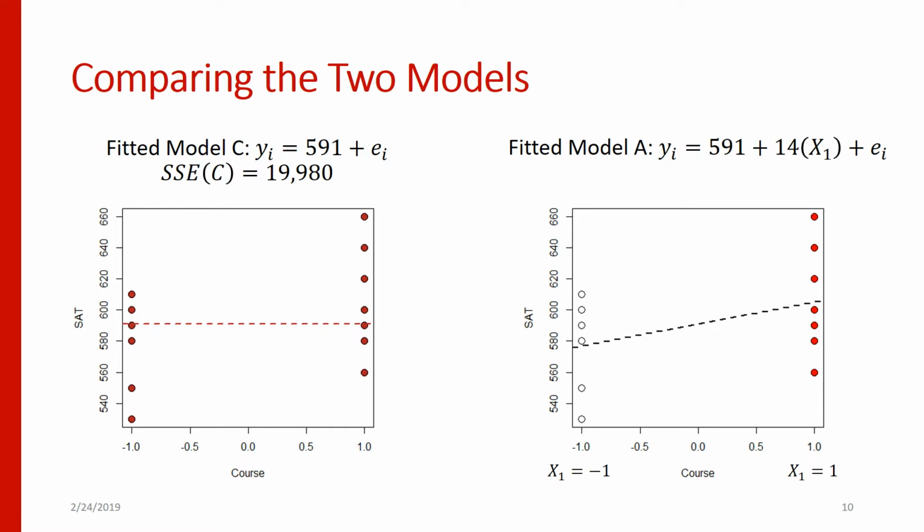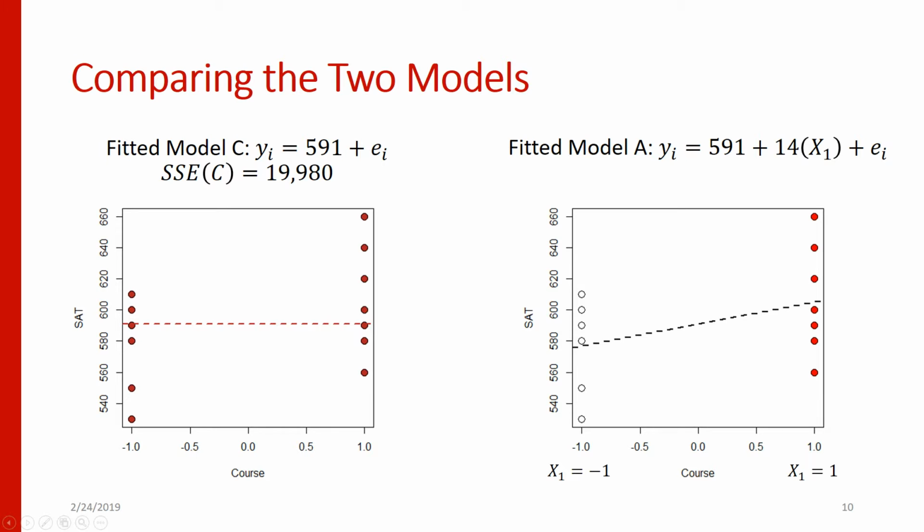Now, for people who did take the course, they're coded as +1. So we go one step in the positive direction, and y increases by 14 points. So that gives us the mean of people who did take the course. Similarly, for people who didn't take the course, we start at 591, but they're coded as -1. So we take a step in the negative direction on the x-axis, and we lose 14 points.